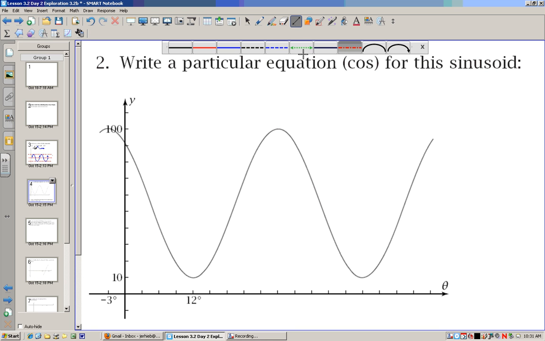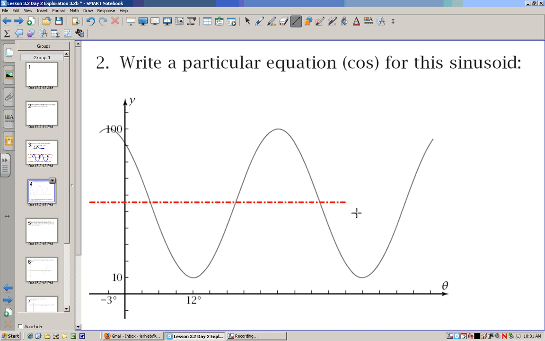Hopefully you have paused the video and have an equation written. This goes from 10 to 100. So to find the middle between those, you take 10 plus 100, which is 110, divided by 2, and we get 55. So 10, 20, 30, 40, 50. 55 should be right smack dab in the middle.